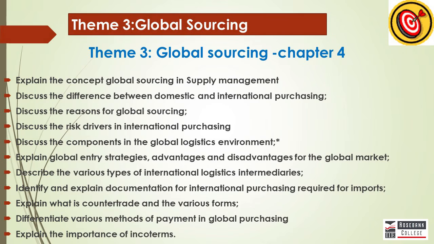Moving on to the last and final theme of Learning Unit 2, global sourcing. What you see are the listed Learning Unit outcomes. They represent what the examiner wants you to know after the Learning Unit or theme completion.